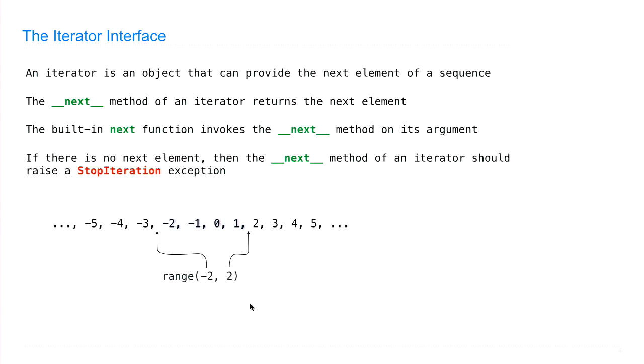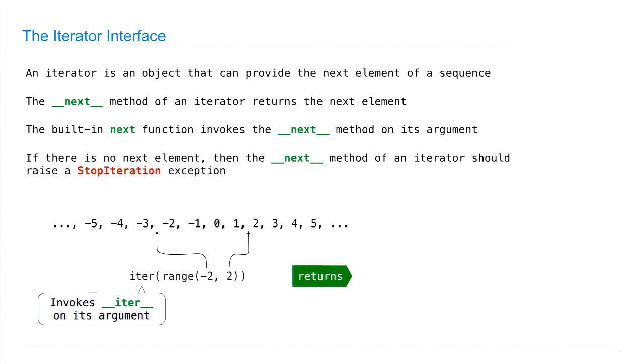Okay. So the point of an iterator is to walk through elements in order. If I have a range from -2 to 2, I can call iter on it. So the built-in iter function constructs an iterator. So it invokes the __iter__ method of the argument range, which returns a range iterator. Everything on the top of this slide is talking about how iterators work. So once you have a range iterator, it's basically going to remember what comes next.